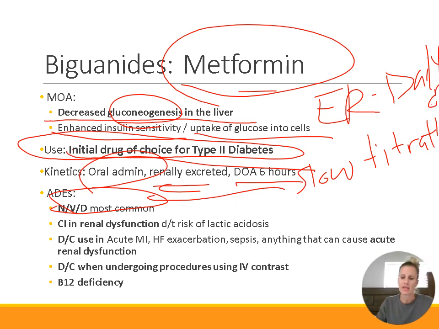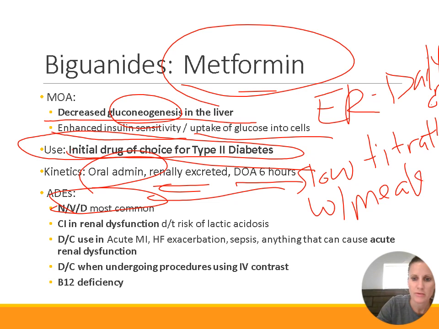We slowly increase the dose every week. You'll increase the dose until you get to the maximum recommended dose. Also, we have patients take the metformin with meals. And that seems to help with that stomach upset.